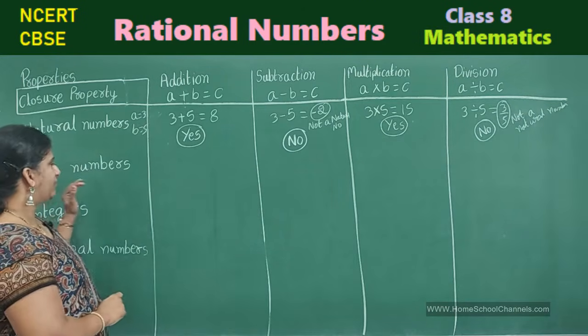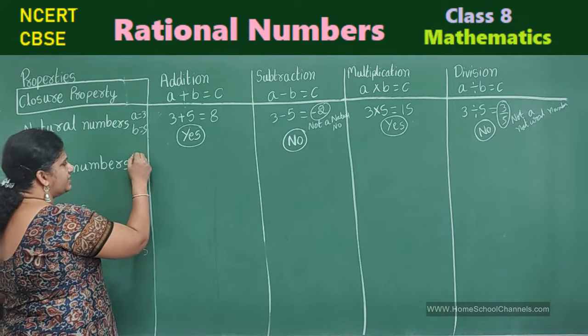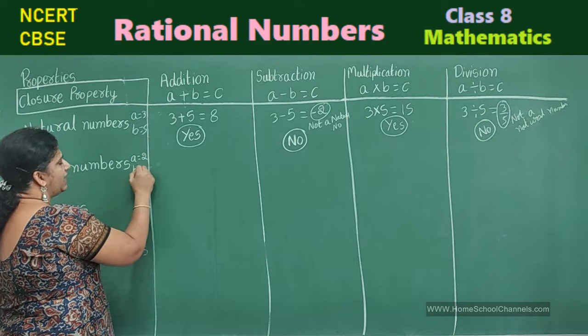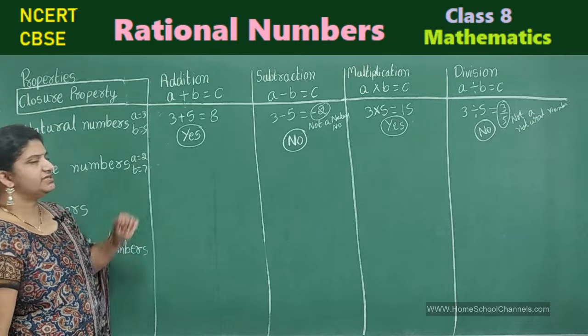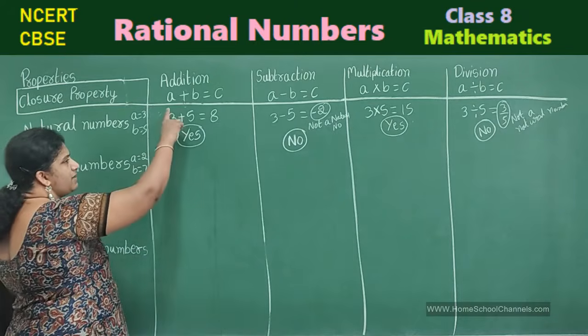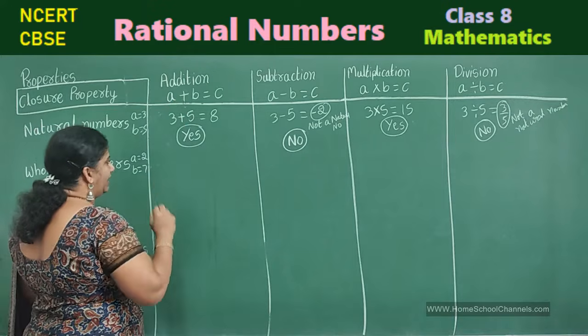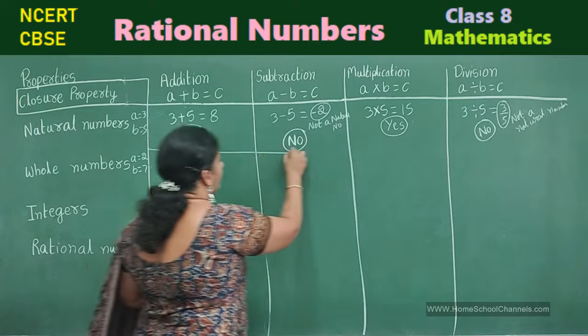Okay, so next type of numbers, whole numbers. Take any two whole numbers. Let A is equal to 2 and B is equal to 7. Same properties. Whole numbers, closure property under addition.